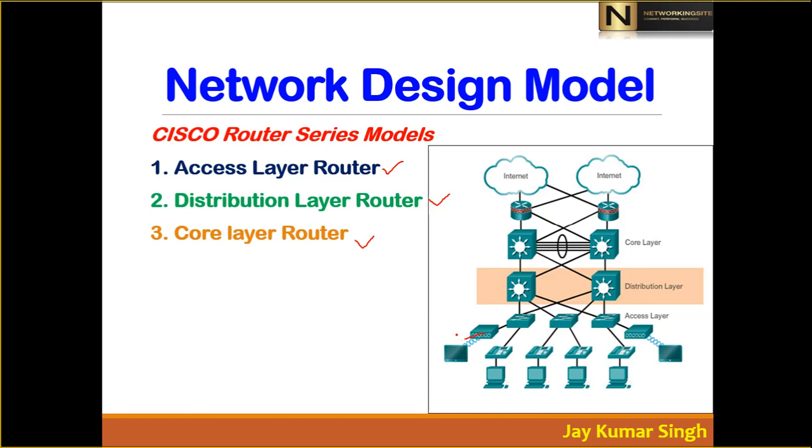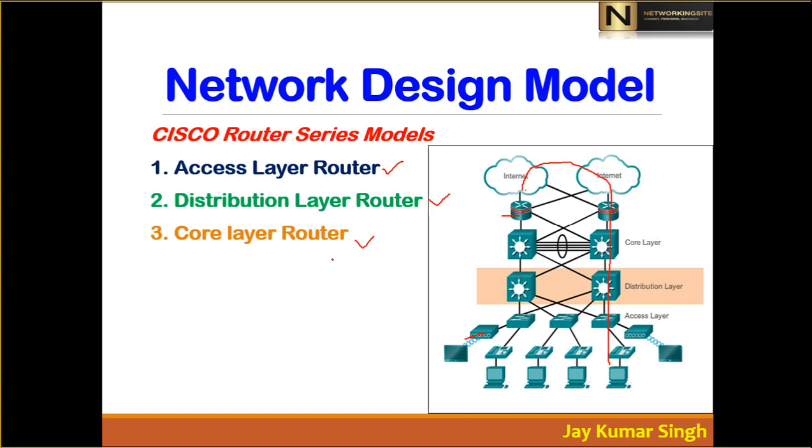When end users send data, the data reaches the distribution layer devices, and then the distribution layer devices forward that data to core layer devices. The core layer devices are responsible for forwarding the data or traffic from one internet to another so other users can receive it.